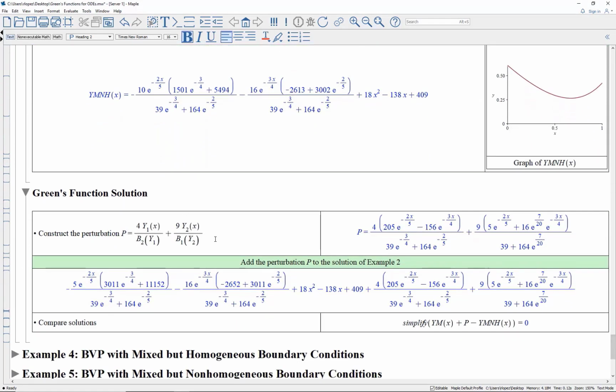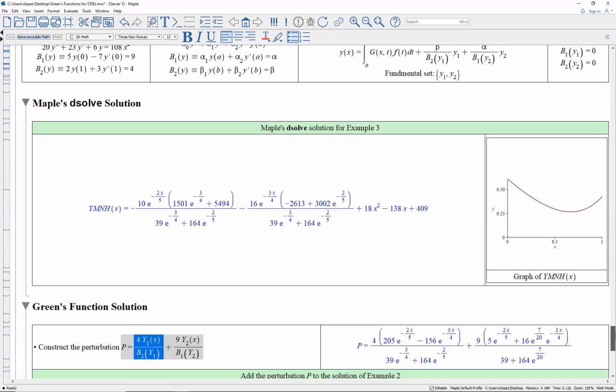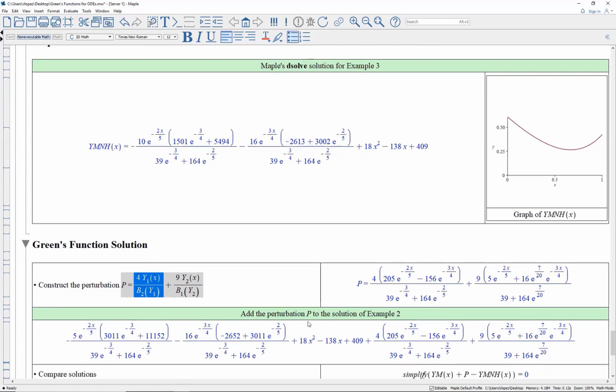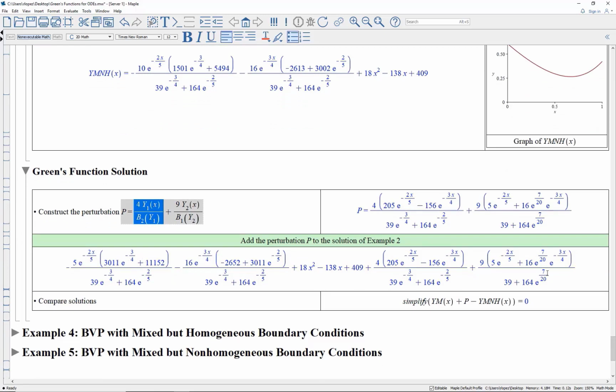The perturbation term that we can construct is P, and that's constructed according to the recipe that we presented here. This is what it will look like. You add that to what's essentially the homogeneous solution, or the solution to the problem with homogeneous data here.